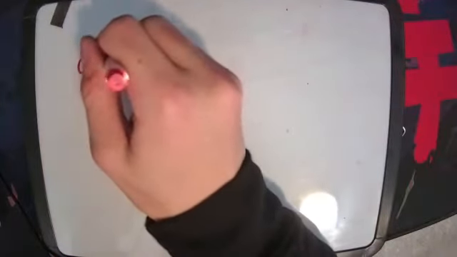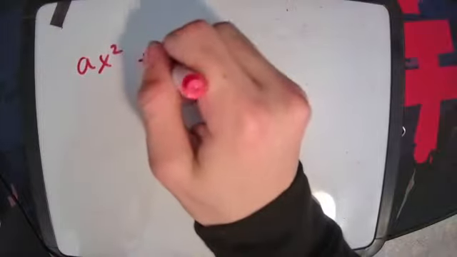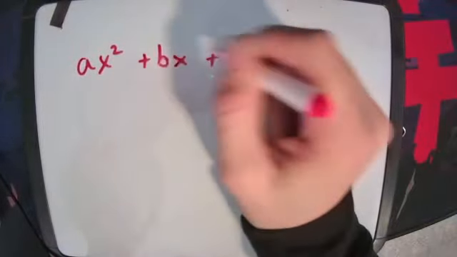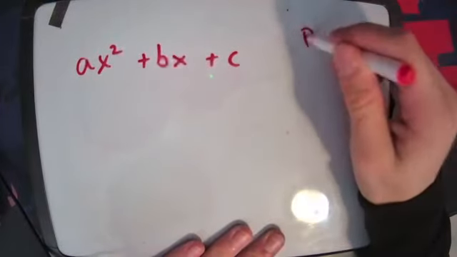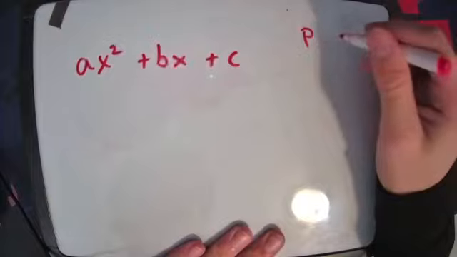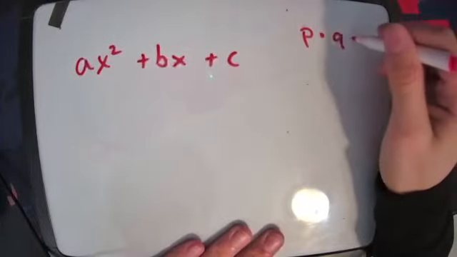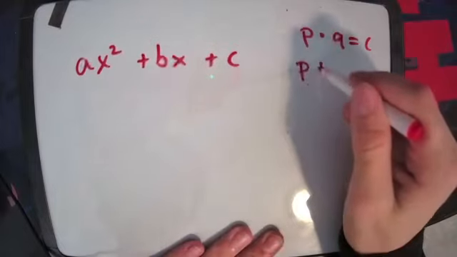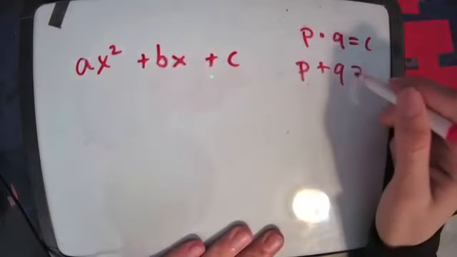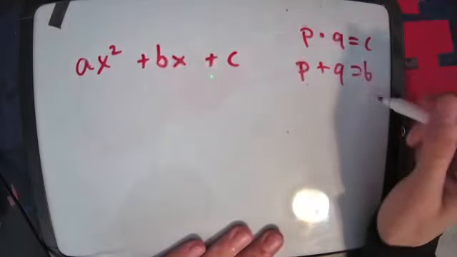You have ax squared plus bx plus c, where a, b, and c are coefficients. Let's say that p and q are a pair of numbers. When p and q are multiplied together, that equals c. And when p and q are added together, they equal b.